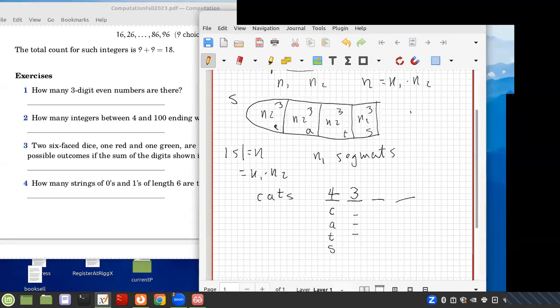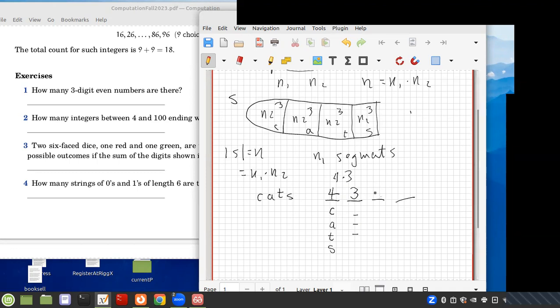These would be C with then A, T, and S. So the number of these 2 choices is going to be 4 times 3. That's because my choices are independent. There is a dependence on which letters there are, but the number of choices doesn't depend. I'm still going to have 3.